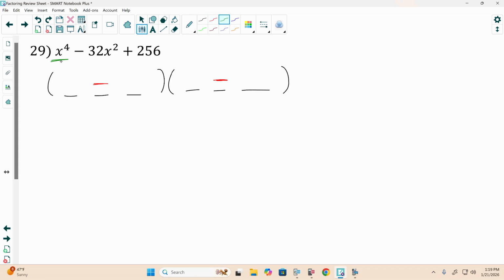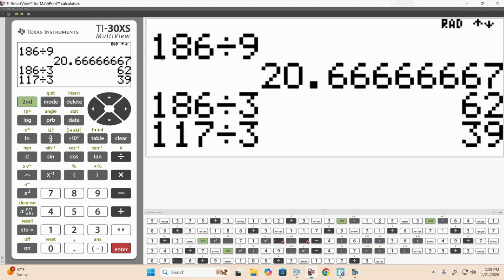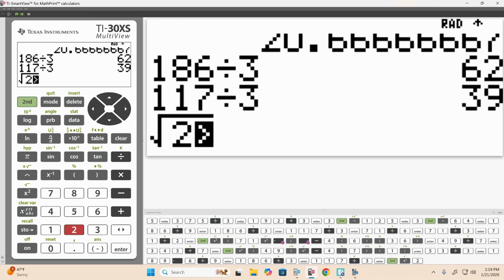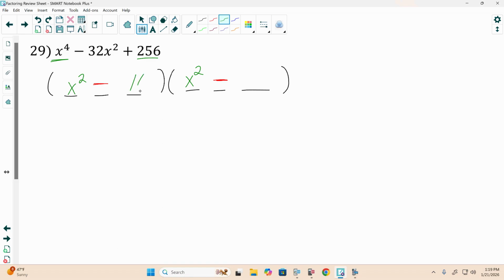Now, factors of x to the fourth, we actually have a few. We have x and x cubed, x squared and x squared. For us, we're going to stick with x squared and x squared. For 256, I think 16 and 16 is what we're going to go with.